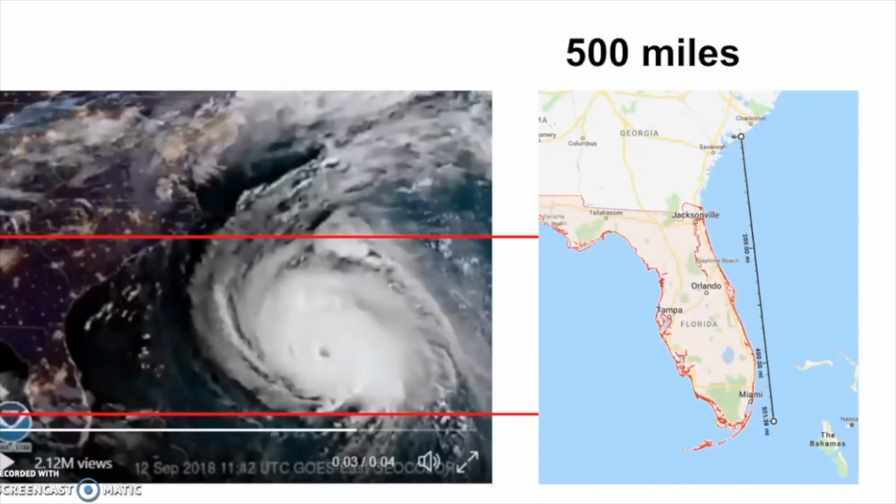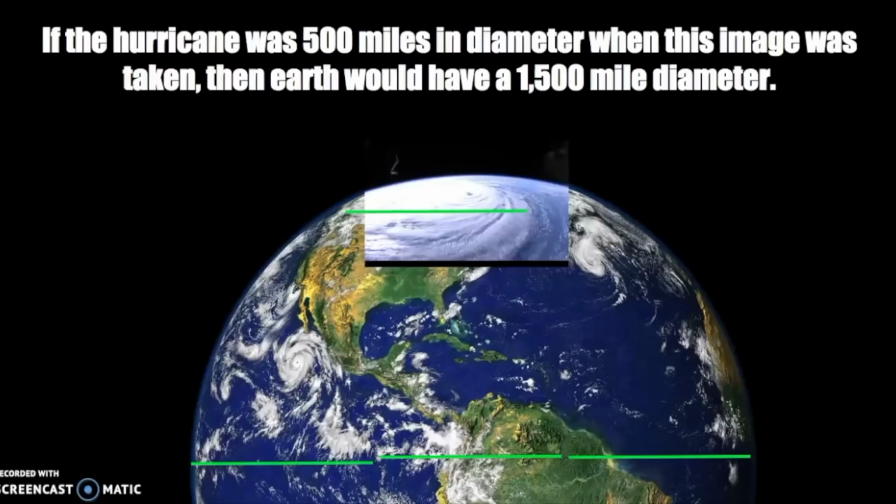But according to the NASA imagery, either A, NASA is lying, because if you compile this image, screenshot it, and match it up with a globe and look at how big it is, it's wider than the United States almost.